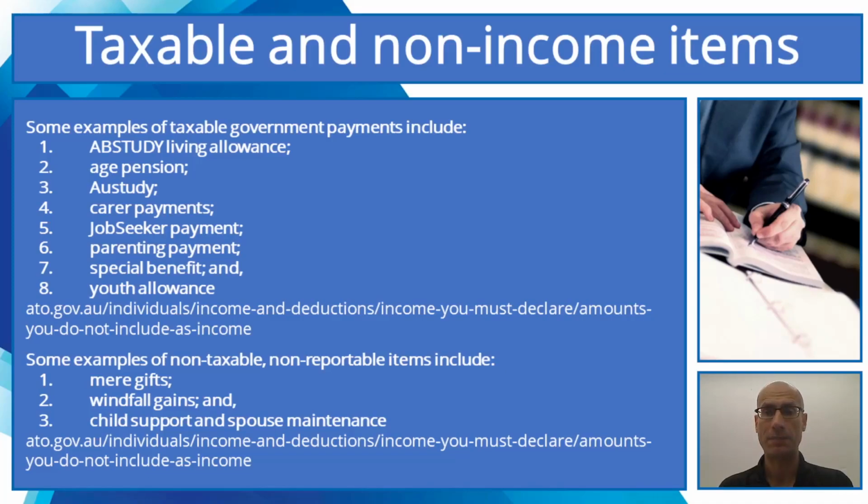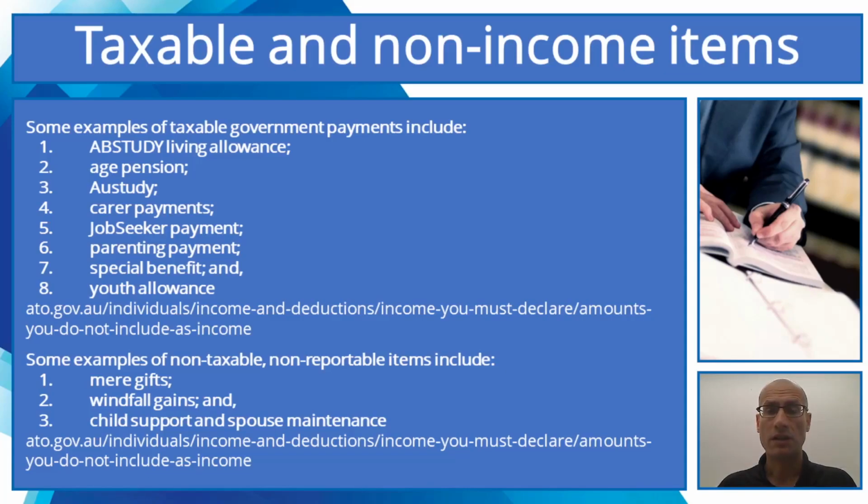One-off unexpected gains for things like lotteries, for example, and child support payments. So the idea is that with child support and spouse maintenance, payments that are structured under certain statutory arrangements, systems and schemes, those payments are essentially mutual payments between parents, in terms of recoupment, in terms of the cost of raising children.